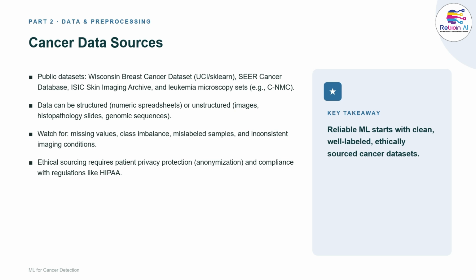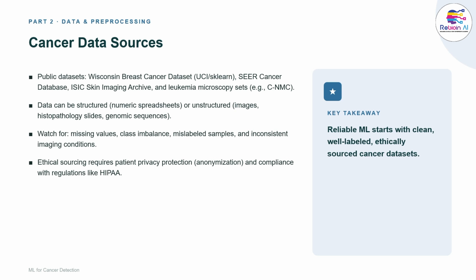When working with any of these, watch for missing values, class imbalance, far more healthy examples than cancer examples, and sometimes mislabeled samples. And because this is patient data, there are ethical obligations too. That is, data must be anonymized and comply with privacy regulations like HIPAA before it's shared publicly.